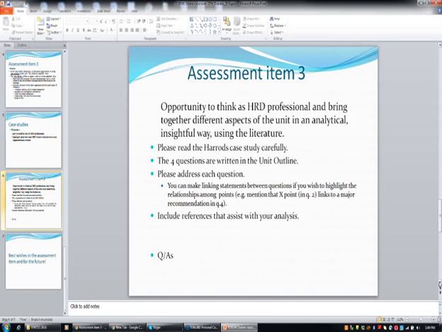Others of you will write more broadly, but however you write, make sure you've got references, preferably recent articles you've read, to back up what you're saying, and that you're providing a good argument about why. It's not that you will get it right or wrong, it's how well you are analysing this case using the literature. Each response is an individual response.